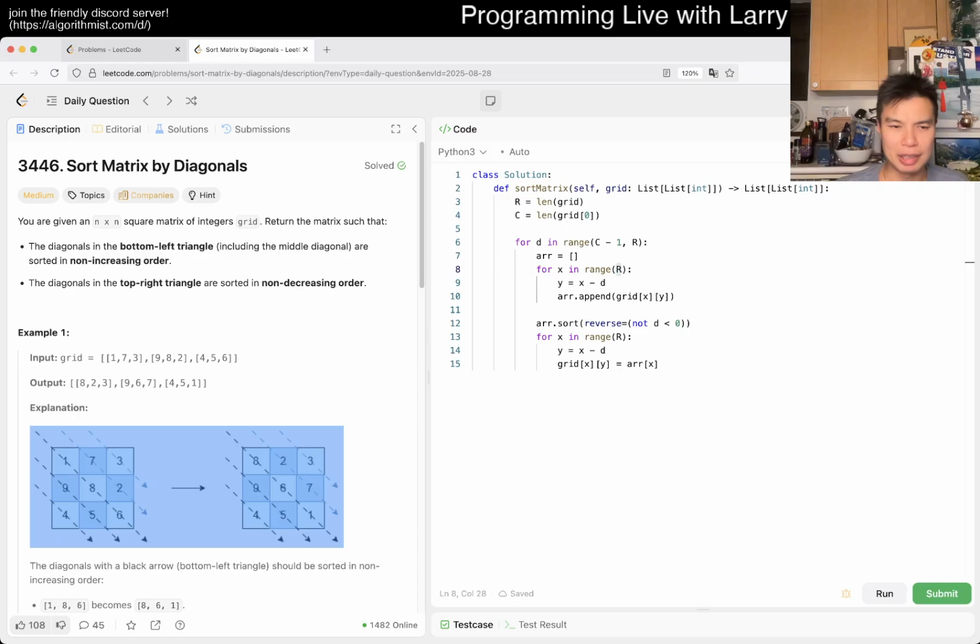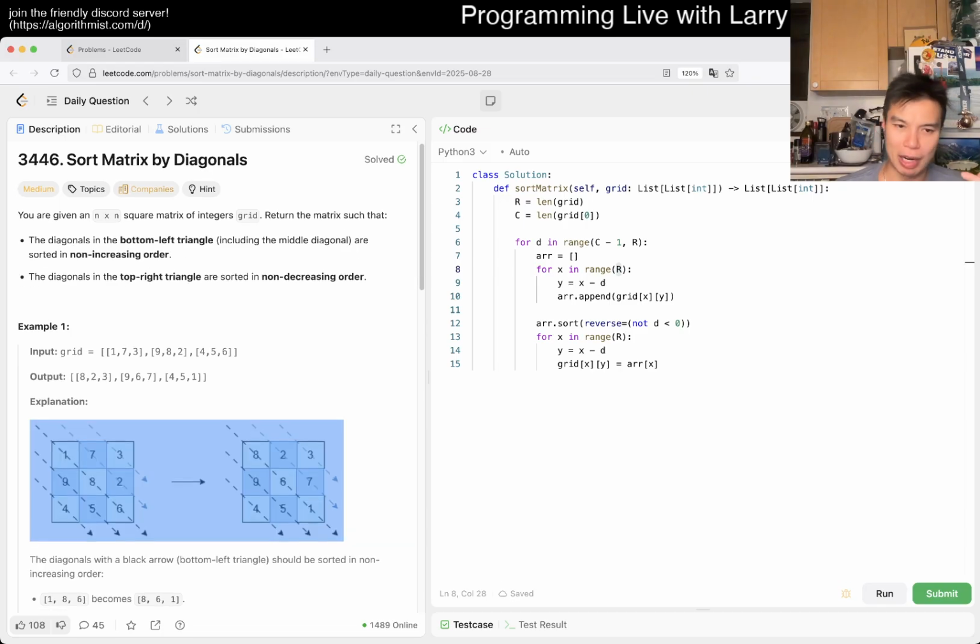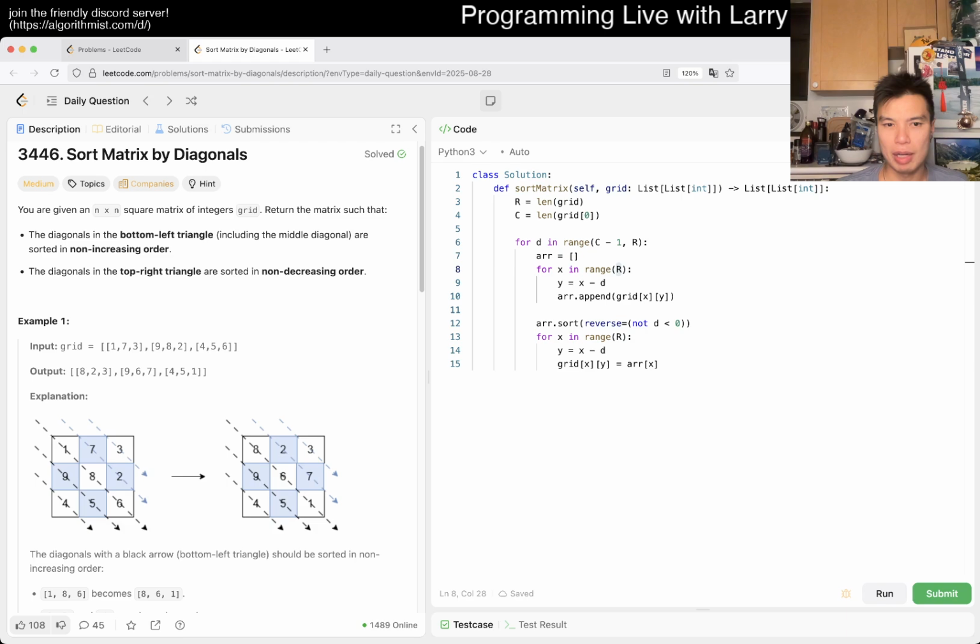The way I'm figuring this out, by the way, is I'm just looking at this grid and trying to work it out in my head. For example, if x is equal to, in this case, 3, x would go from d to r.